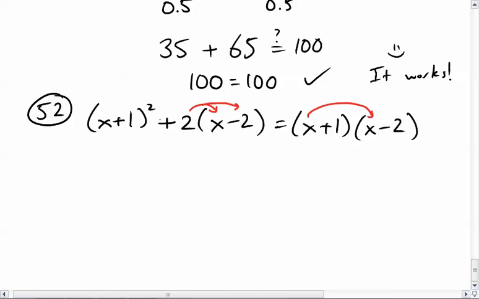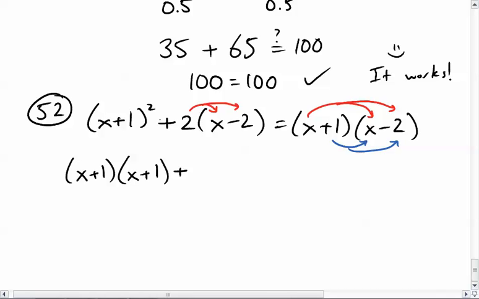The first term hits the first, and the outside. The last term hits inside and the last. Okay, and remember that x plus 1 squared is x plus 1 times x plus 1. We can't just put that squared into the brackets. That doesn't work that way.